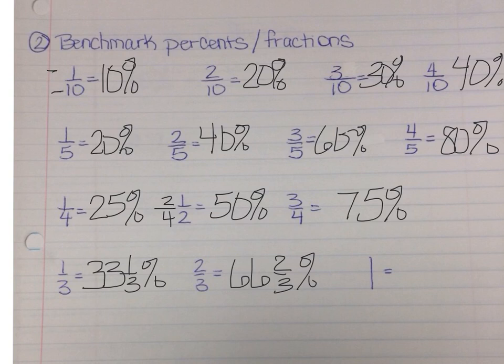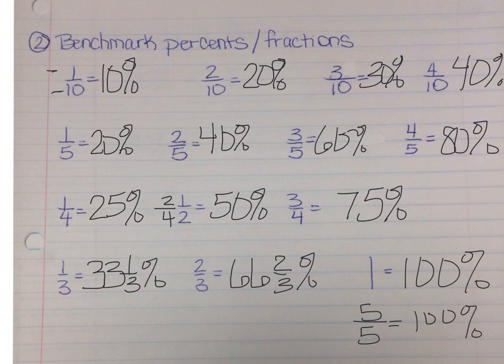Okay, now anytime you have a 1, it's going to be 100%. If you have the same number on the top and the bottom, you have 100% of the items, right? If you have 8 pieces in a pie and you and your family eat all 8 pieces, you have eaten 100% of the pie. Okay, all right, so we're going to move on now.